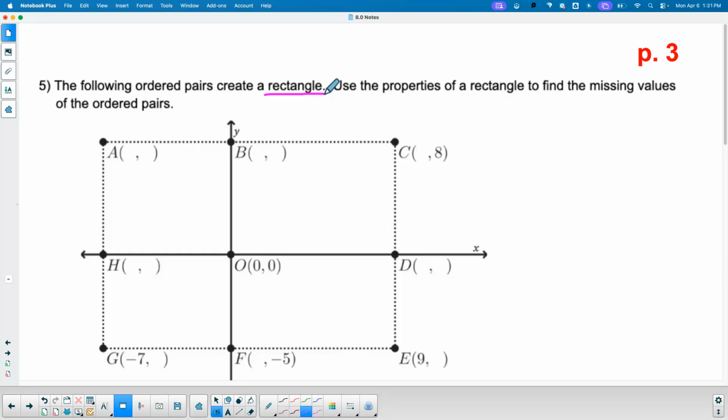There's 4 sides. Keep going. 4 right angles. Keep going. That's the opposite sides are the same. Yep. Okay, diagonals are congruent. This is one big one.